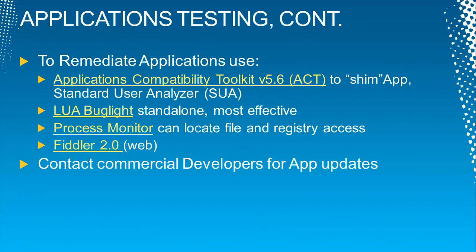A shim is basically just a runtime file that allows the application to do what it's trying to do, okay? So if it needs admin to install, for instance, or if it needs to write to a protected part of the file system, the shim will allow it. The problem with the shim is you have to send it out with the application.